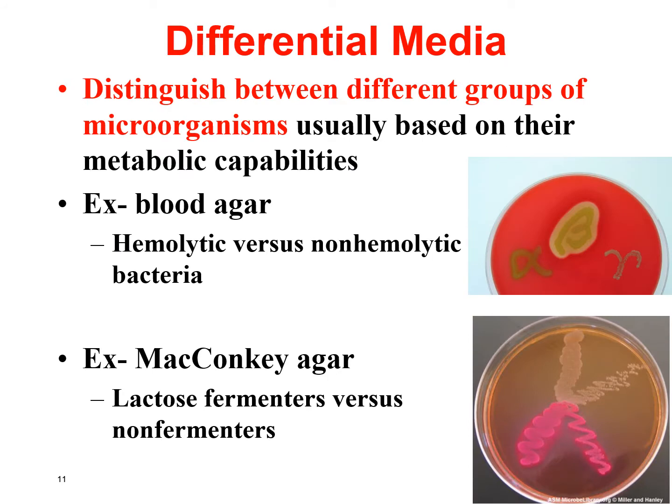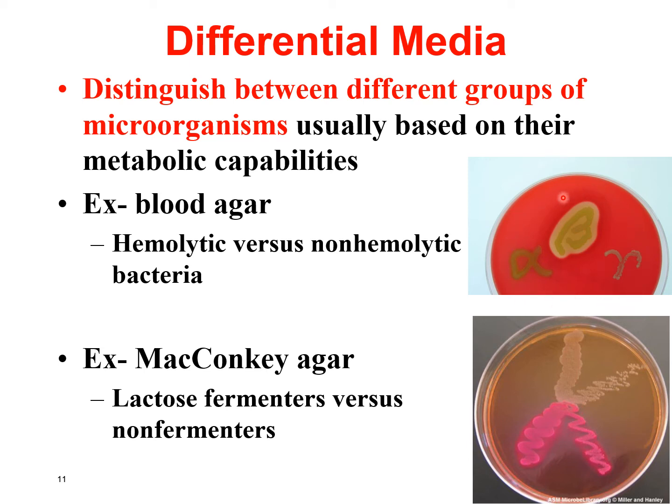Differential media, the name says what it does. So if you have bacteria growing on differential media, it's able to differentiate between different groups of microorganisms. So for example, blood agar. This type of culture media, they actually add red blood cells to it, so that's why they call it blood agar.